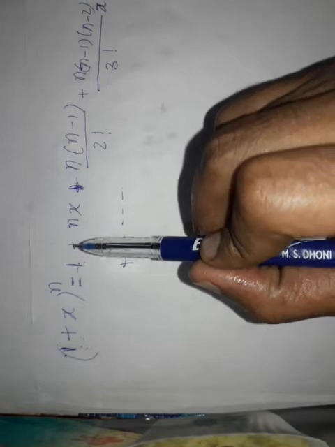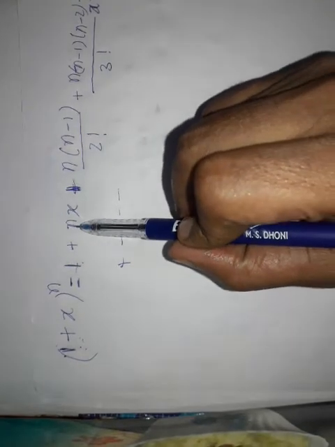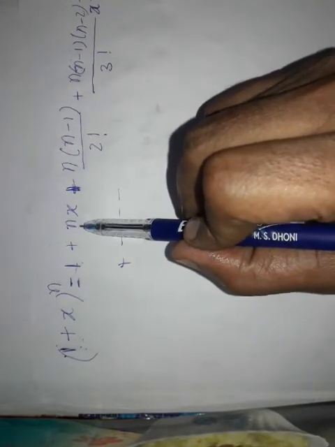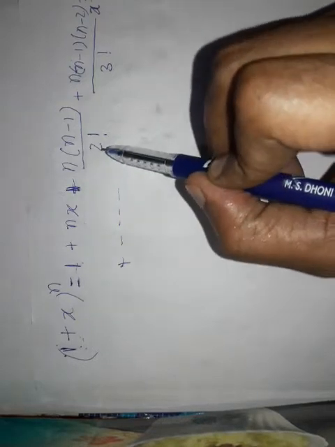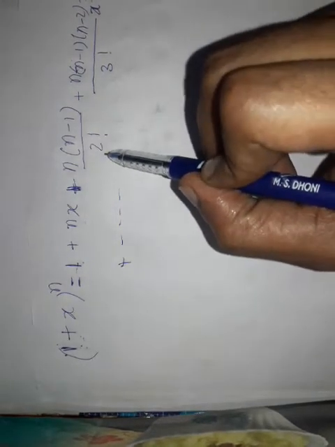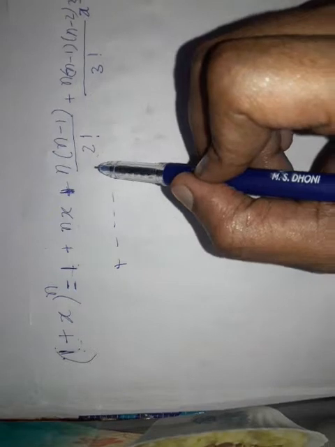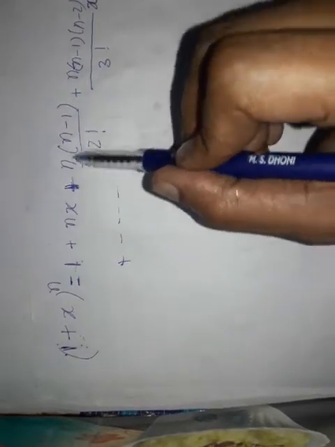Here you can see factorial 2. What is the meaning of factorial 2? Factorial 2 is equal to 2 into 1.